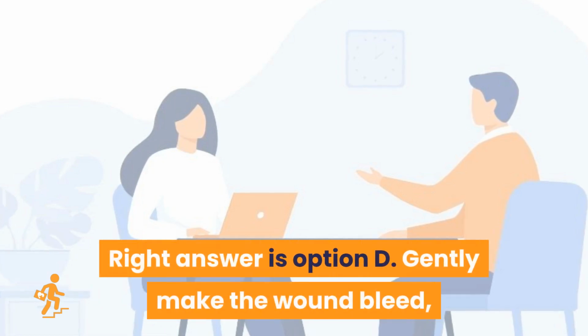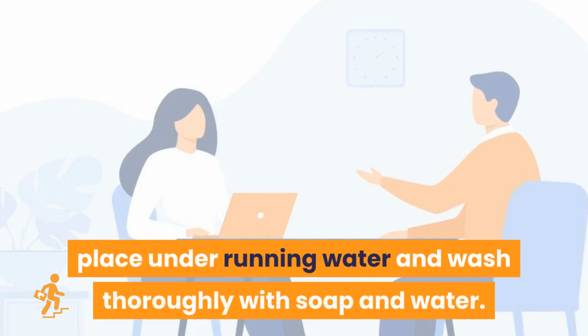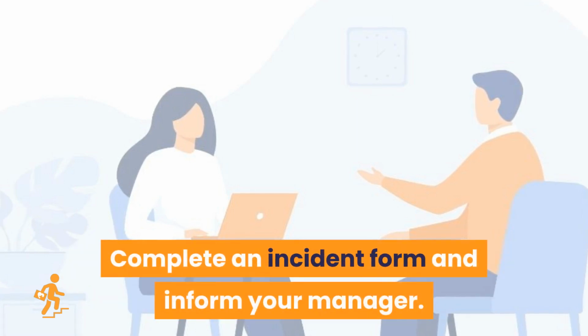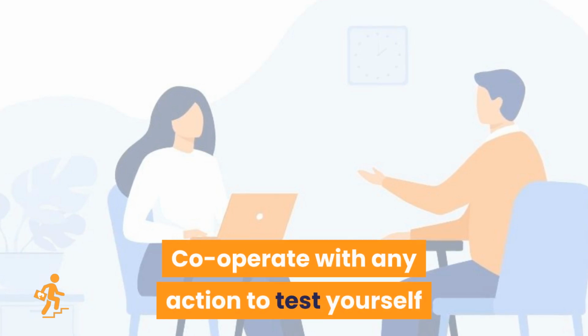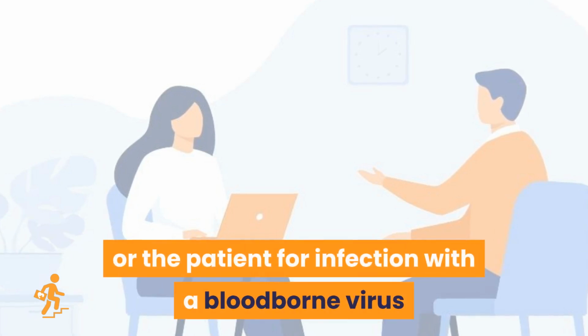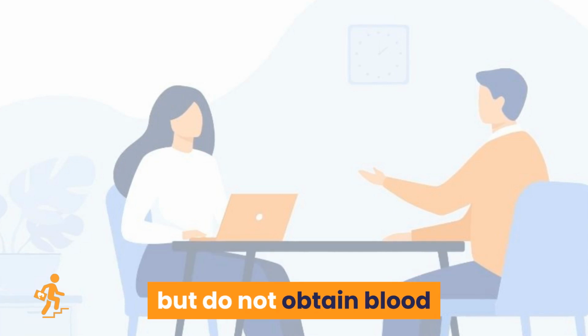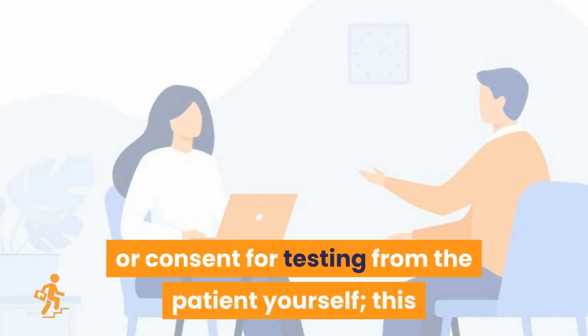Right answer is option D. Gently make the wound bleed, place under running water, and wash thoroughly with soap and water. Complete an incident form and inform your manager. Cooperate with any action to test yourself or the patient for infection with a blood-borne virus, but do not obtain blood or consent for testing from the patient yourself.